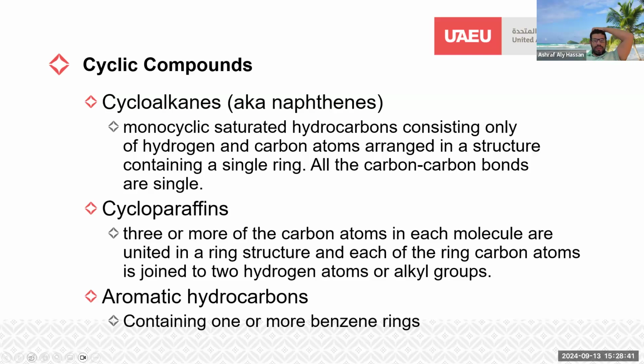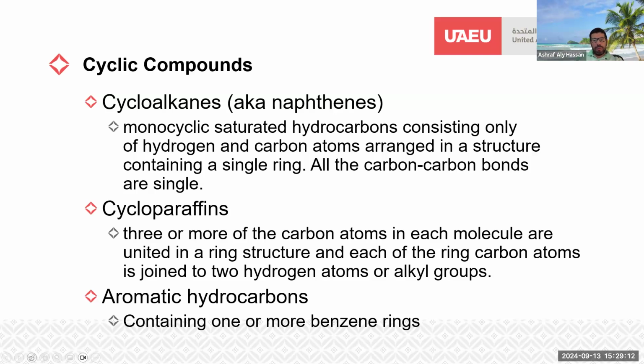Cycloalkanes are monocyclic saturated hydrocarbons consisting only of hydrogen and carbon atoms arranged in a structure containing a single ring. All the carbon-carbon bonds are single. In cycloparaffins, 3 or more of the carbon atoms in each molecule are united in a ring structure, and each of the ring carbon atoms is joined to 2 hydrogen atoms or alkyl groups, which we'll talk about in a minute.